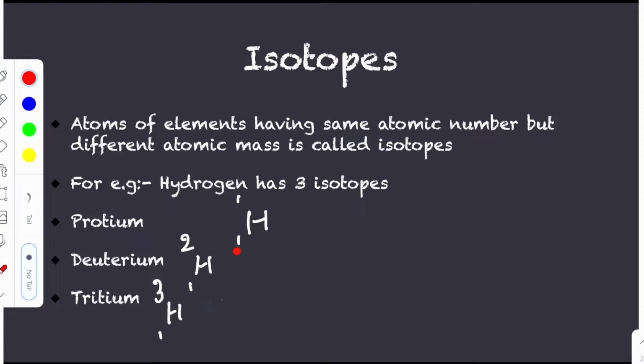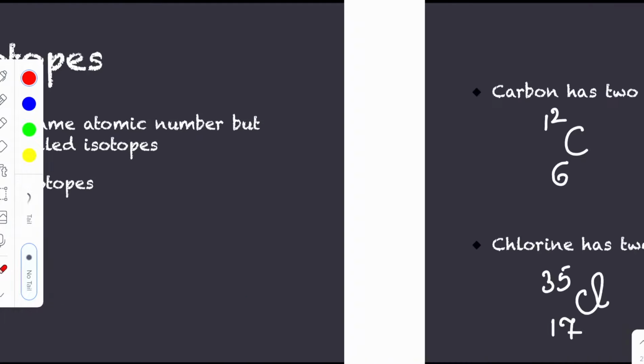You can see the atomic number of hydrogen is 1, but the atomic masses of protium, deuterium and tritium are different. So these are called isotopes. So what are isotopes? Atoms of an element having the same atomic number, that is the same number of protons, but different mass number, that is the combination of the mass of protons and neutrons. Clear? Okay, let's move on.